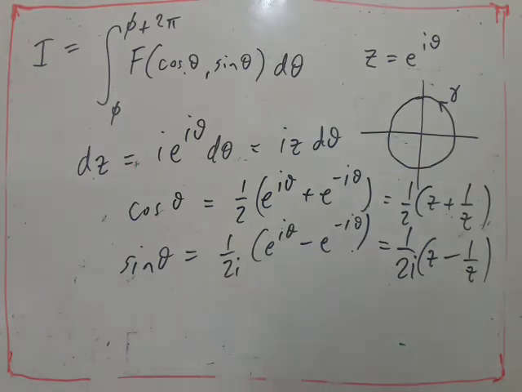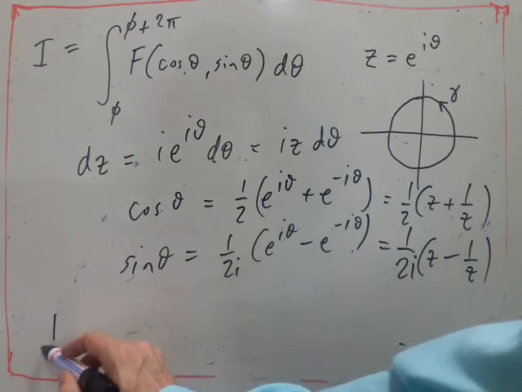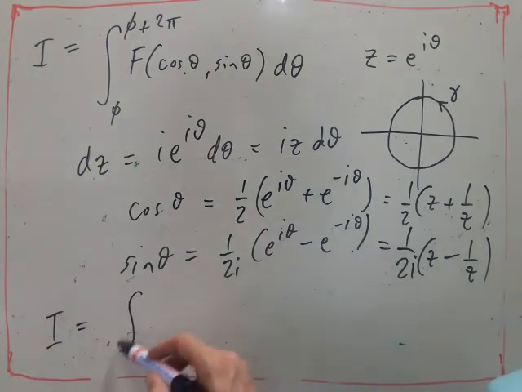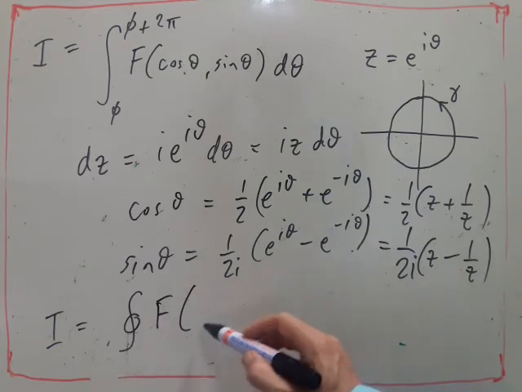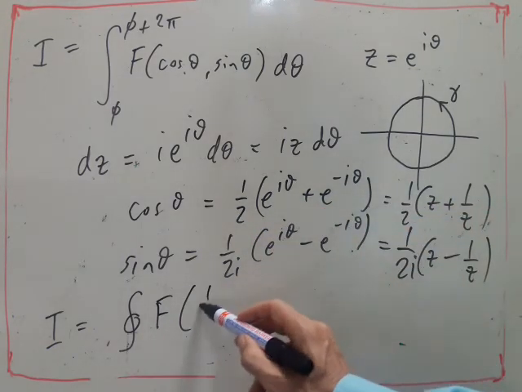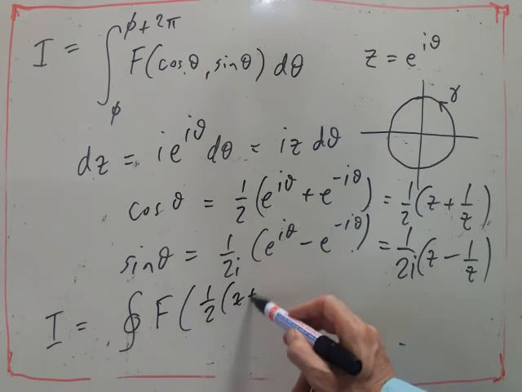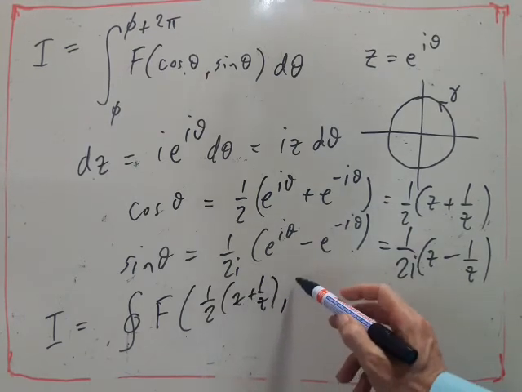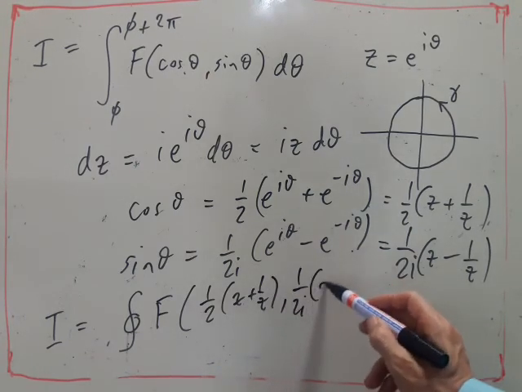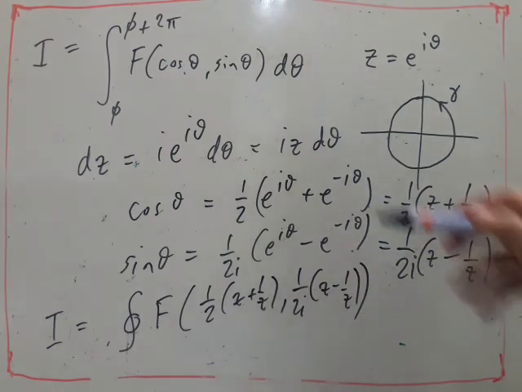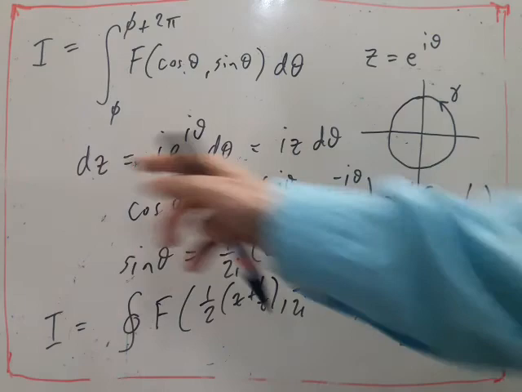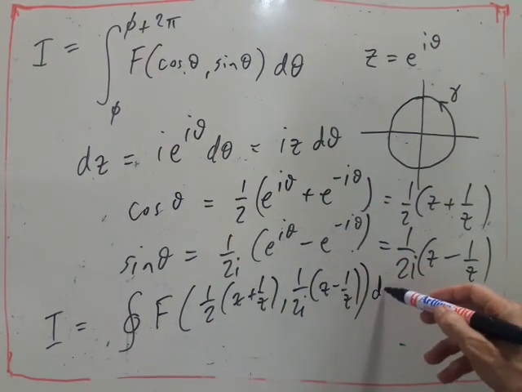So if we make that change of variable, the integral we want to find then is simply, well, you substitute this into the cos expression, so it's half z plus 1 over z and 1 over 2i z minus 1 over z, and d theta changes into dz divided by iz.